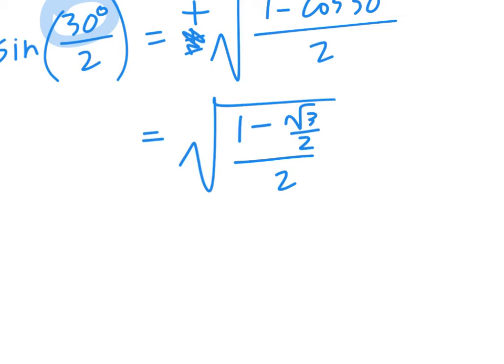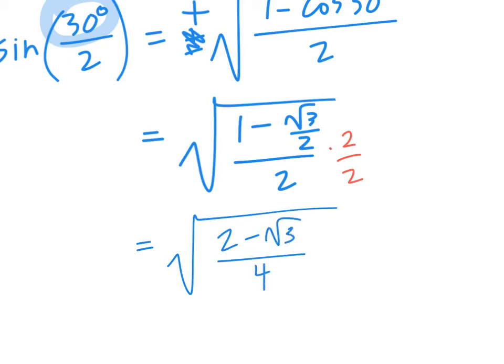Okay, so get rid of the fraction means we need to multiply by the least common denominator. What is the least common denominator between these three terms? 2. Yes. So we're going to multiply by 2 over 2. I'm going to multiply 2 to every single term. That will get rid of all the fractions all at once. So this becomes square root of 2 minus root 3 over 4.